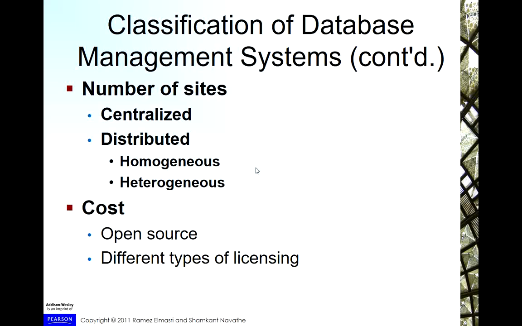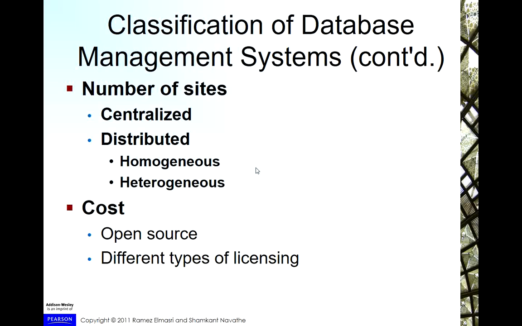Heterogeneous means data is stored in different locations and there is no relationship between them. Heterogeneous means separated. There is no connectivity or relationship between them. If it is centralized, it could be one centralized database system that is used for one database system in the organization, and in this case it could be homogeneous.